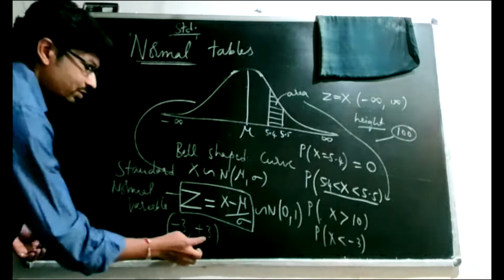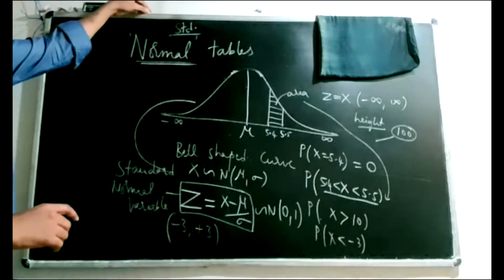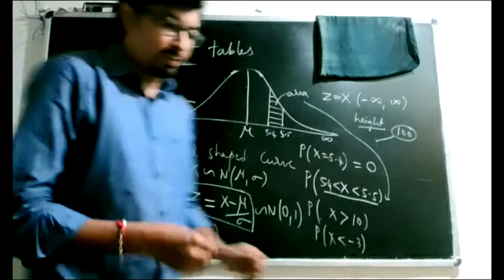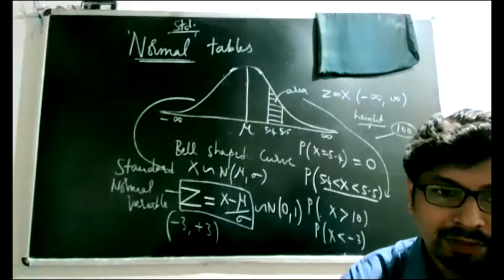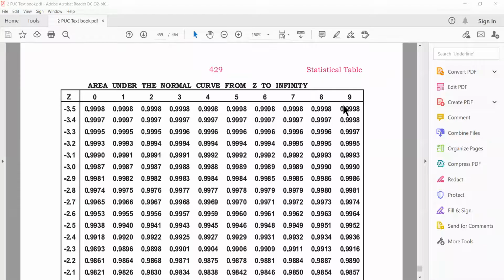So for most of the possible values from minus 3 to plus 3 or minus 4 to plus 4, we have computed the areas, and those areas are recorded and called normal probability tables. They are available, and one can easily use these tables in generating the probabilities.